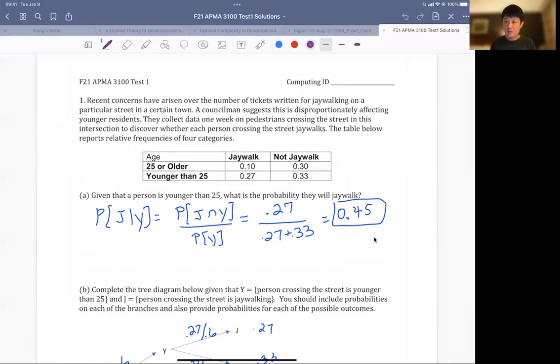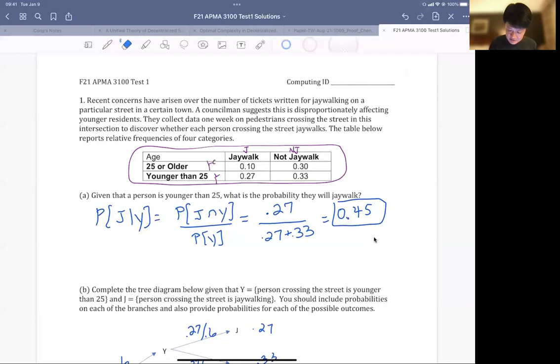The first problem essentially is the conditional probability problem. In this problem, we have basically 4 events. If you look at this table, these are the probabilities. Let's say this is event J and event J complement, and this is event Y and event Y complement, okay?